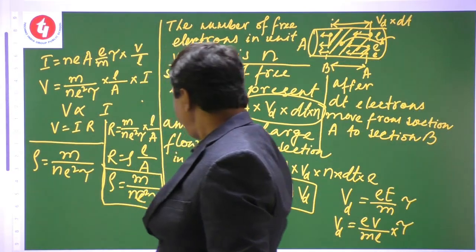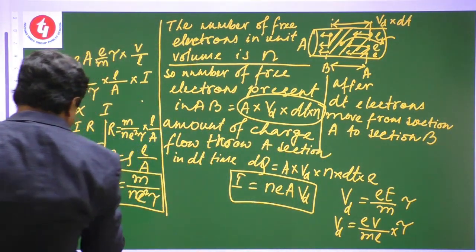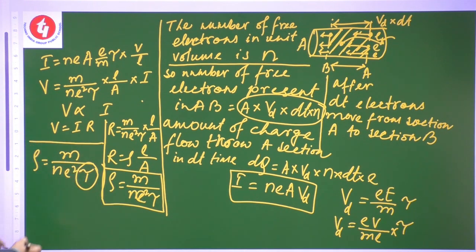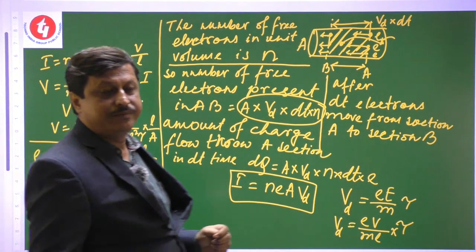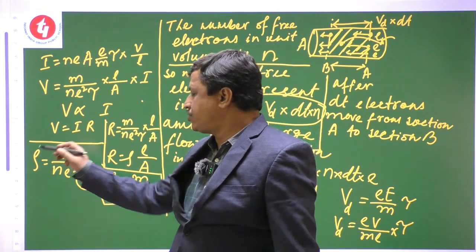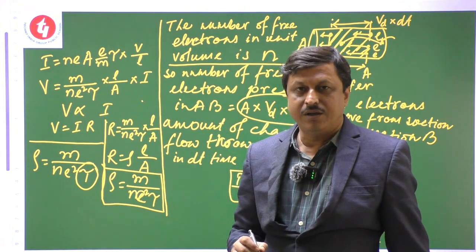We already discussed this. Then what will happen to resistivity? Obviously it is inversely proportional to tau. That means when tau decreases, resistivity increases. So if temperature increases, tau decreases, so resistivity increases.